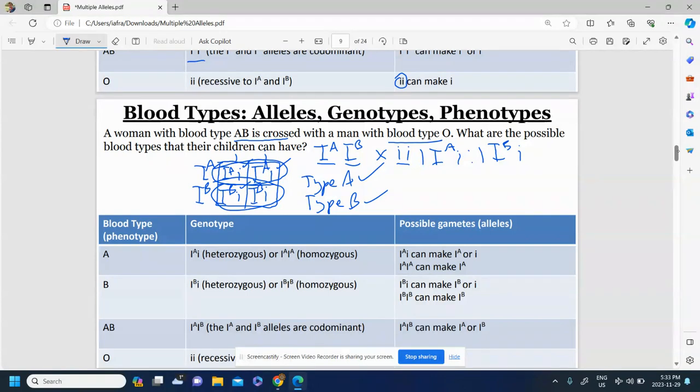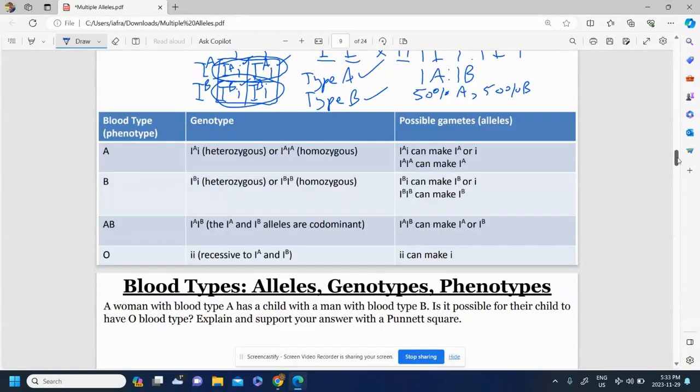You could also, if you want to say this is a phenotypic ratio, you could say 1 type A for every 1 type B. You could also do percentages, for example, 50% type A and 50% type B, right? So all the same rules in monohybrid crosses still apply. It's just now we're dealing with a few more phenotypes and more genotypes because we have multiple alleles rather than 2. Okay, so there's nothing too difficult or too different.